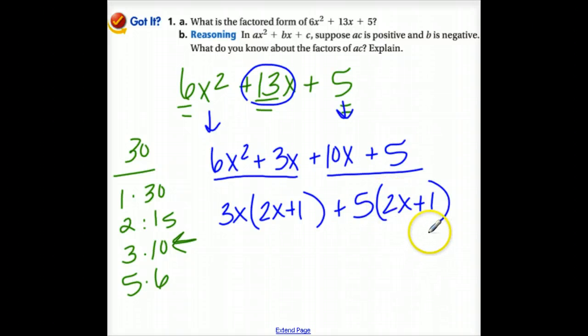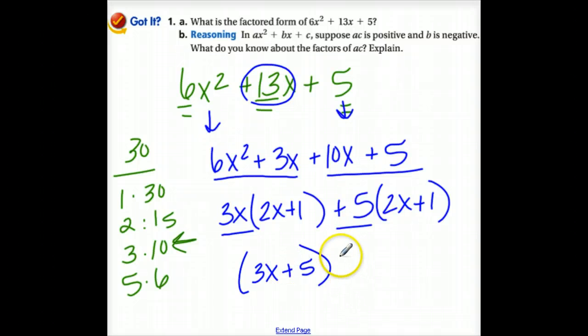One way you can check if you did this right is what's left over in both should be the same thing. So now I'm going to write the 3x and the plus 5 as one binomial being multiplied by the 2x plus 1. There's our two binomials.